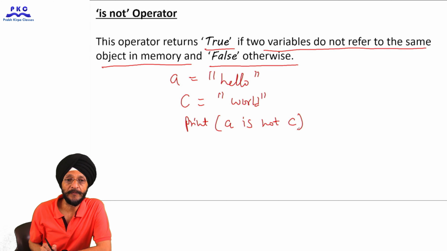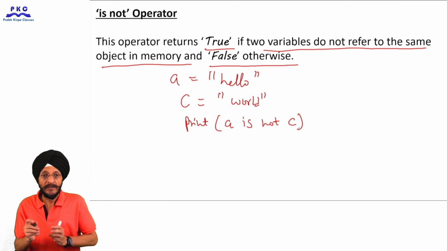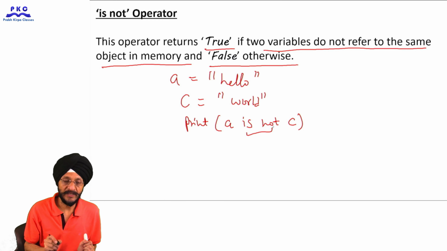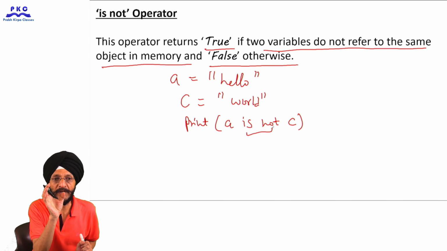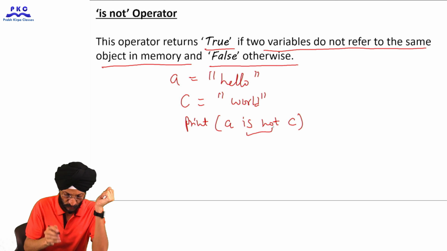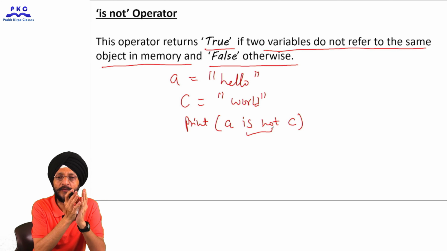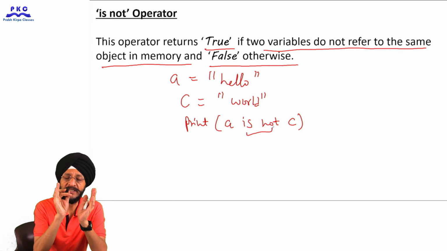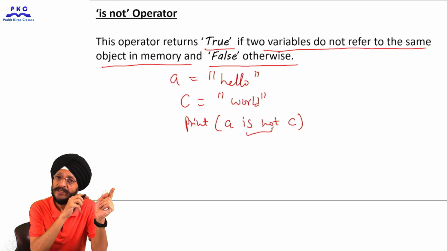What will be the answer? Now here we are using is not. Is not is an operator which will compare these two variables from the point of view of memory location, whether A and C refer to the same object in memory.